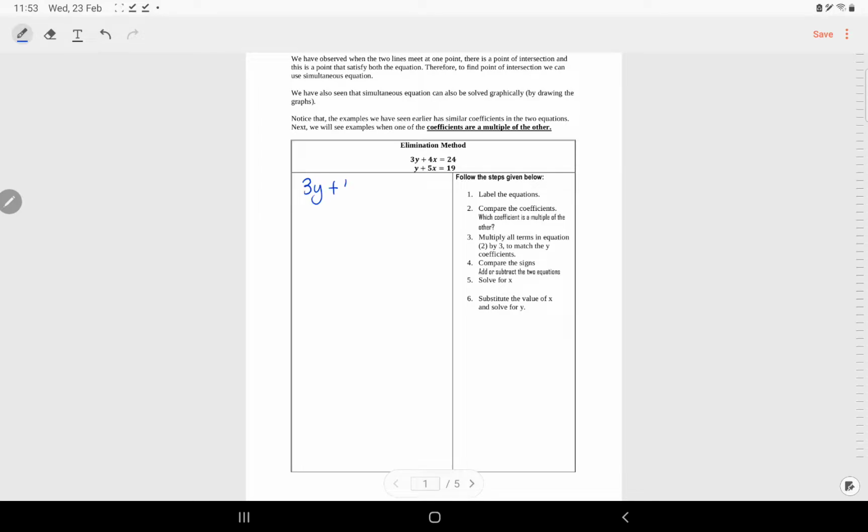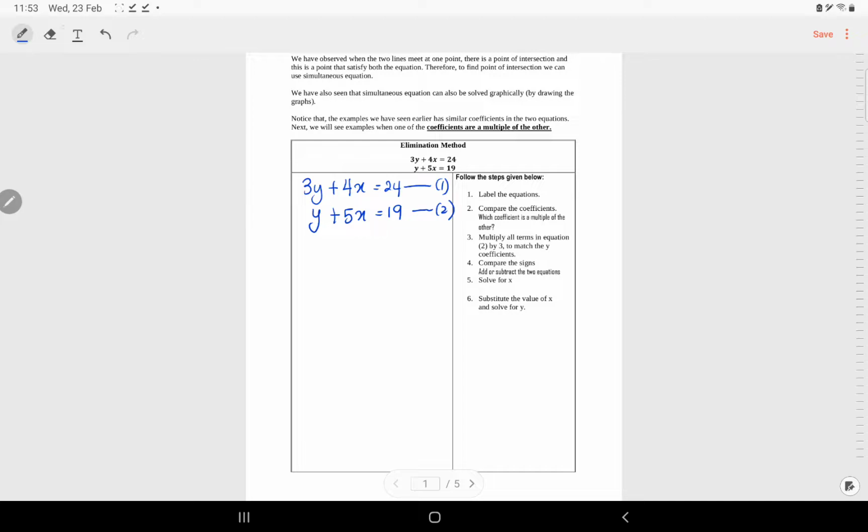You have 3y plus 4x equals 24, that's equation 1. y plus 5x equals 19, that's the second equation. 4x and 5x are not a multiple of each other, but 3y and y are. So what we're going to do is make y become 3y. How do I make y become 3y? I multiply it by 3.